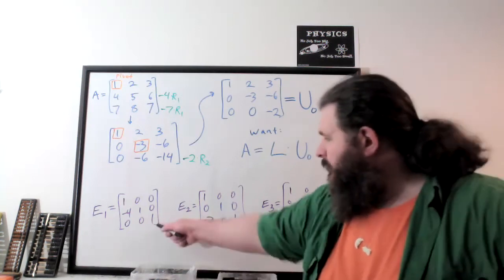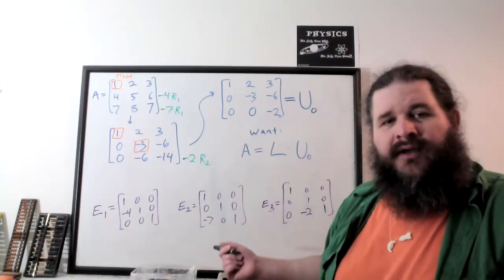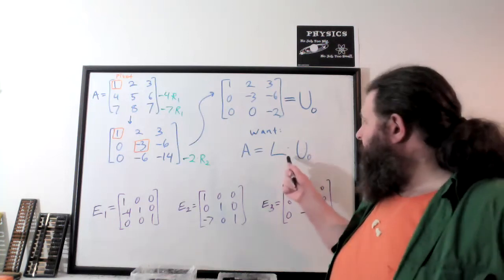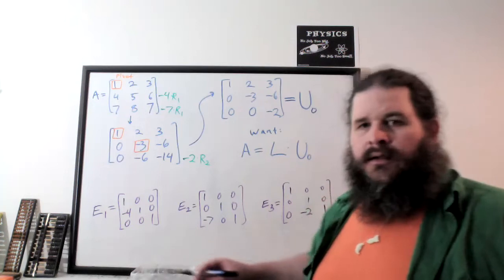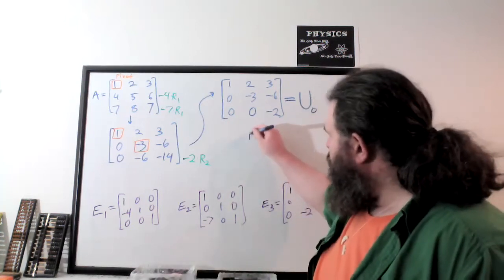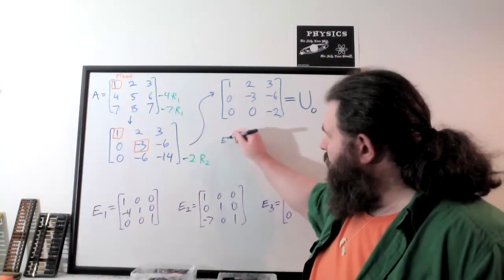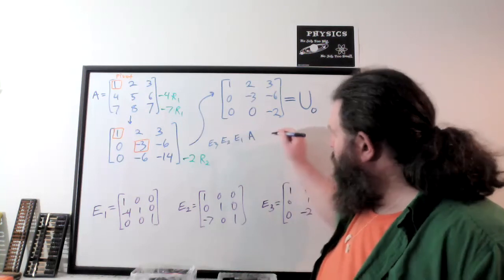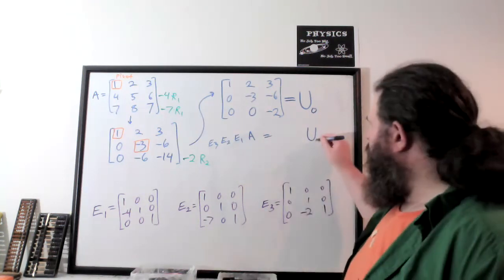Because these operations were applied to matrix A to get matrix U. If we reverse those operations, we'll figure out what has to be done to matrix U to turn it back into matrix A. And so we'll want to combine those. Because ultimately, we took matrix A, we left multiplied by E1 first, and then E2, and then E3 to get the matrix U, or let's say U sub 0.